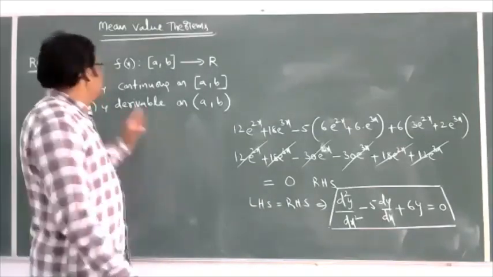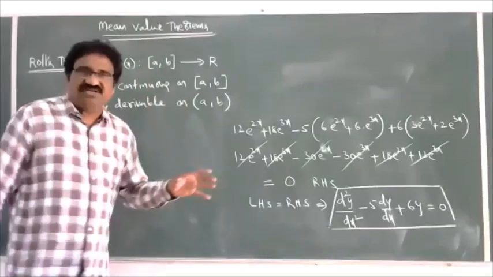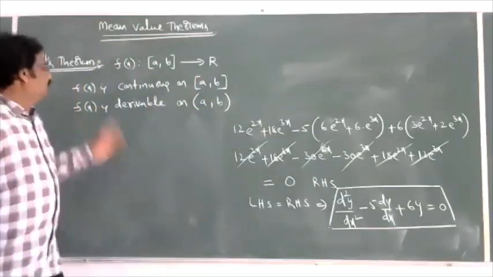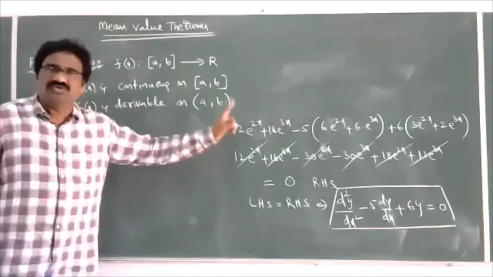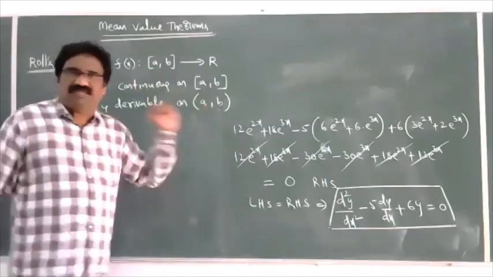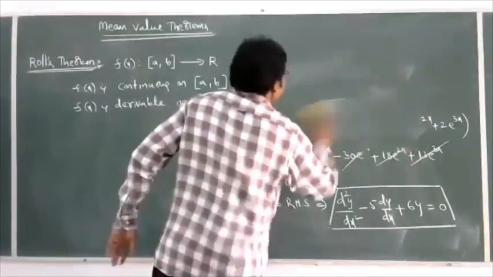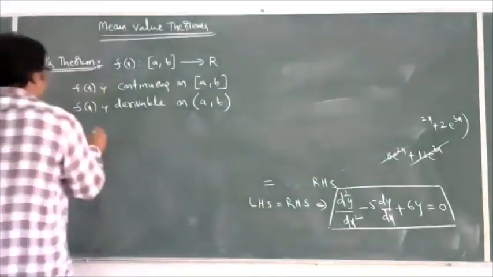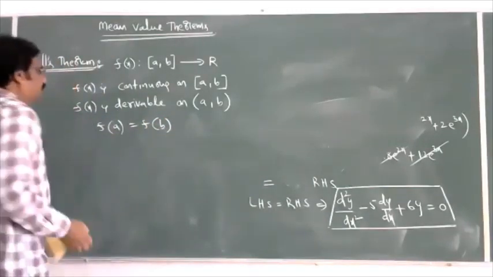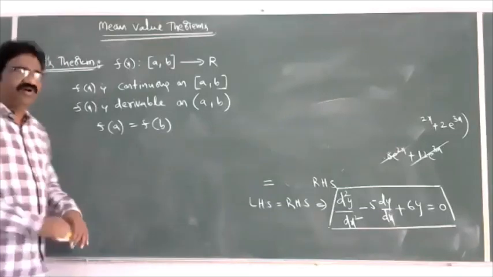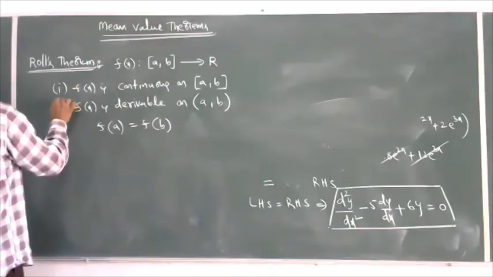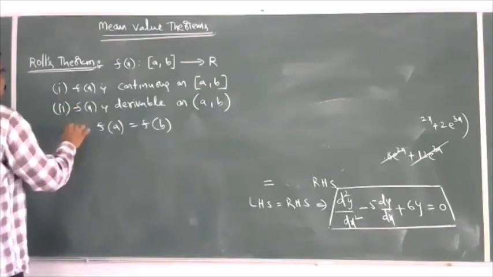It is also derivable on open a comma b, and f of a is equal to f of b. This is the first condition, this is the second condition, and this is the third condition.